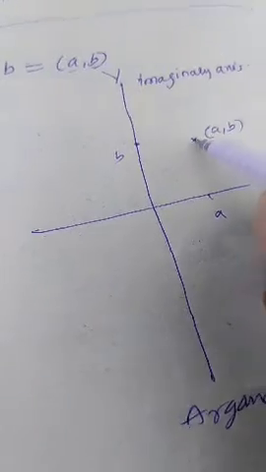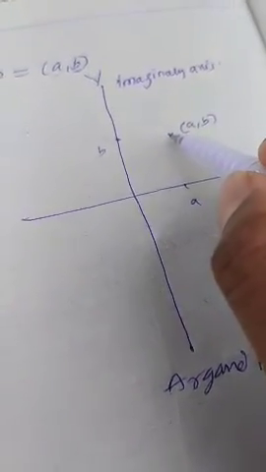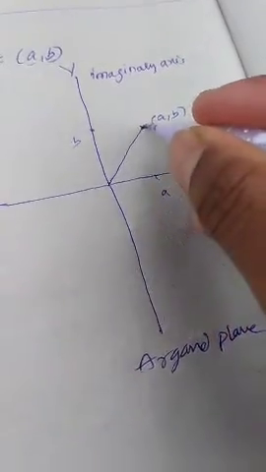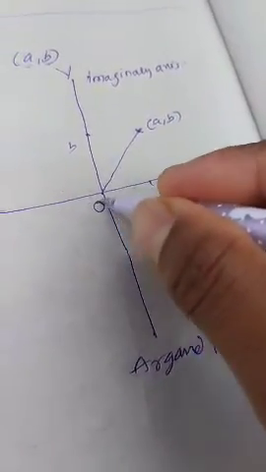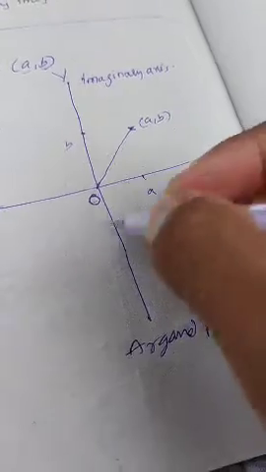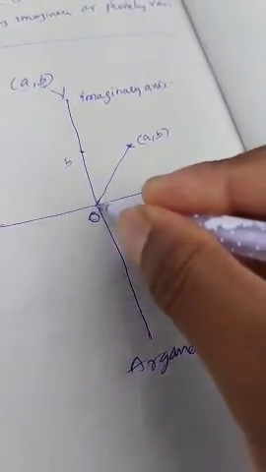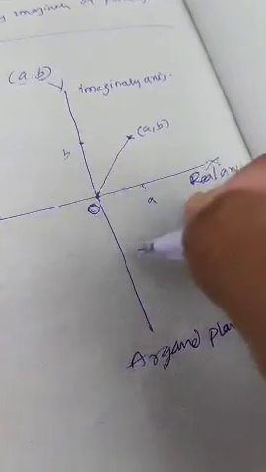So every complex number you can represent as a point in the Argand plane, or you can represent it as a vector by joining it with the origin. We know the origin can be considered purely real or purely imaginary. Why?